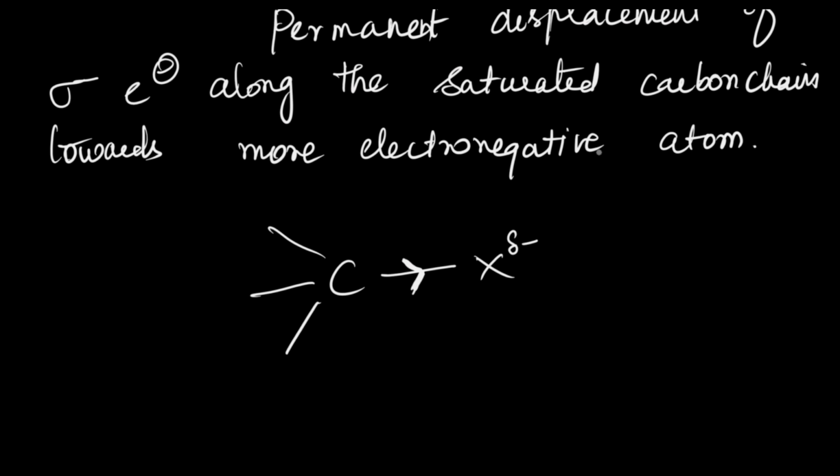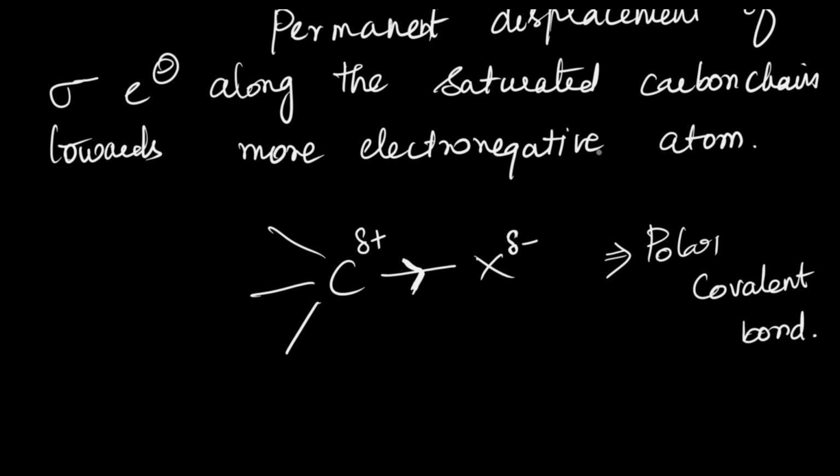Due to that, a slightly more negative charge is produced on this electronegative atom due to pulling of electrons. It's not entirely giving up, but the electrons are moving towards the halogen or any electronegative atom, so that a slight positive charge is produced here. Okay, so which will lead to the polar covalent bond.